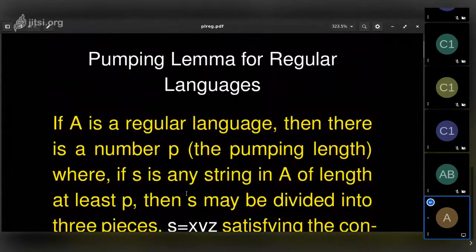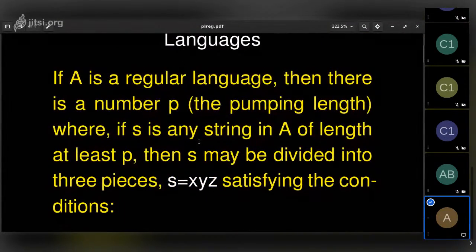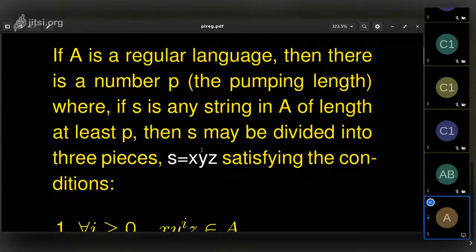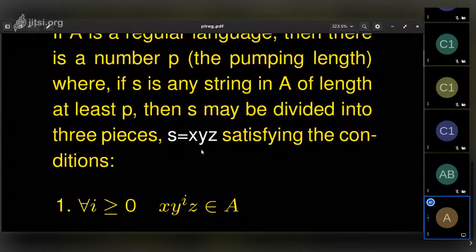So repeating once again, suppose A is a regular language, then associated with every language there is a number that we will call the pumping length P. Then take any string in A, it should be satisfied by all strings.